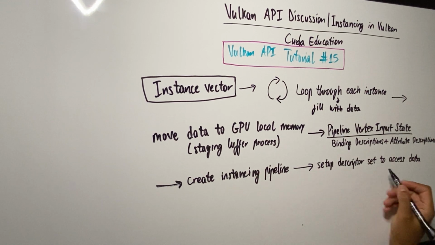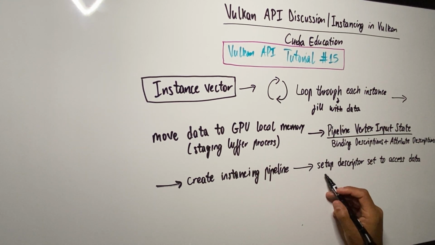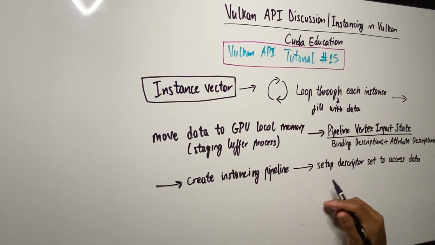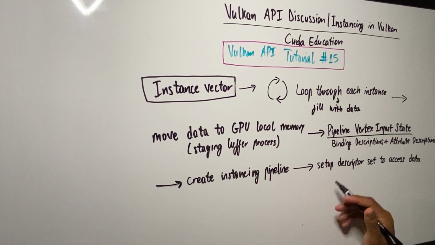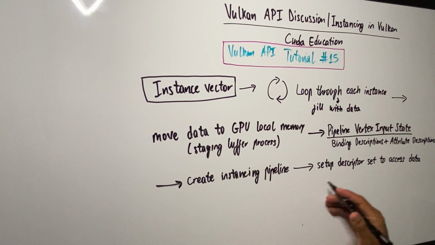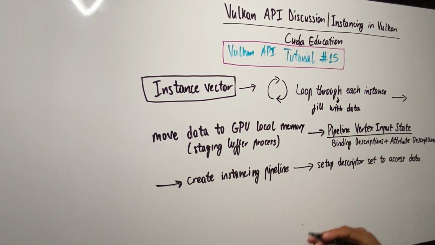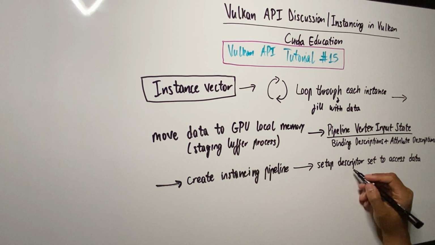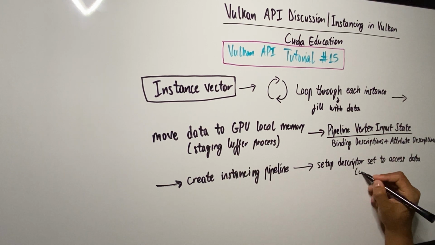We discussed descriptor sets already, and obviously the descriptor set is what Vulkan uses to actually access data. The descriptor set is the interface for you to access data and also the camera system. So I'll just put also camera system.